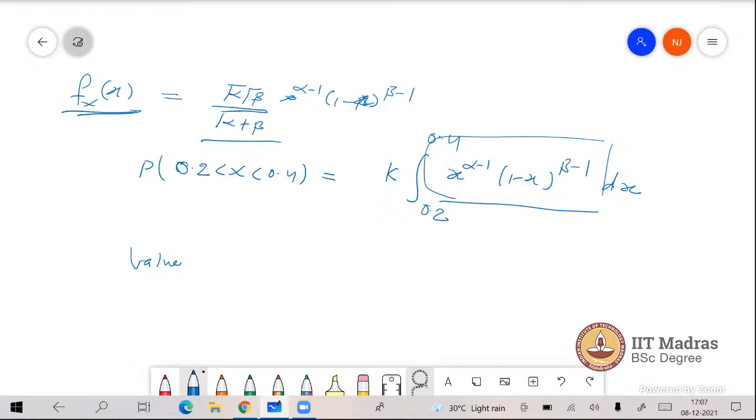From there you can calculate those values. But if we get this kind of question in the end term exam, we are not able to. Yeah, definitely we cannot do this kind of calculation manually because this integral doesn't have any closed form. Okay.